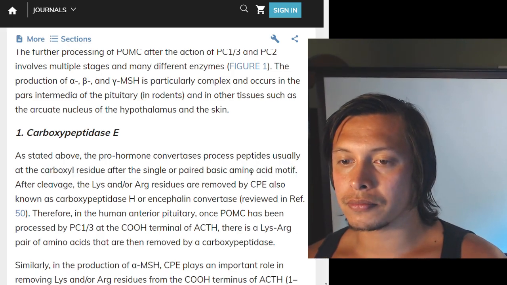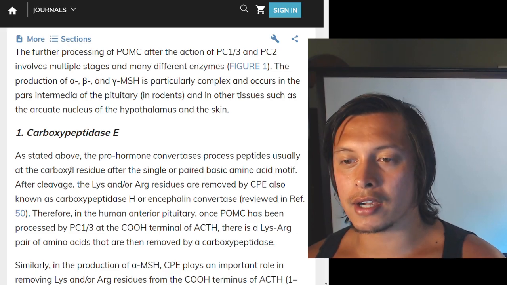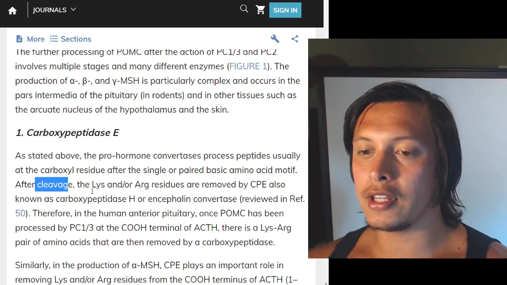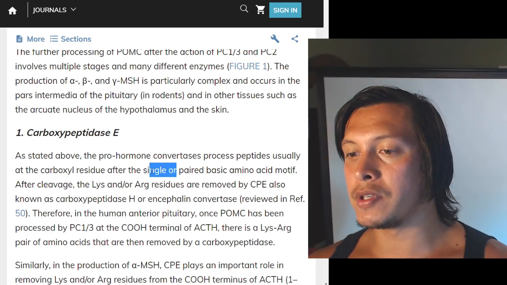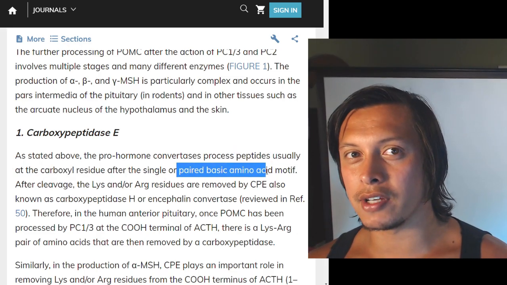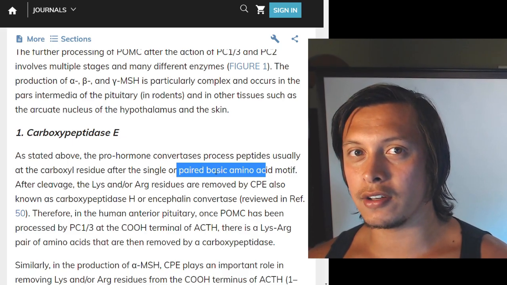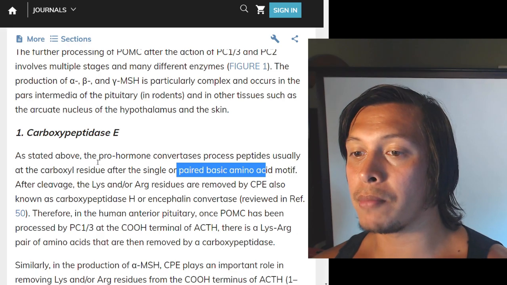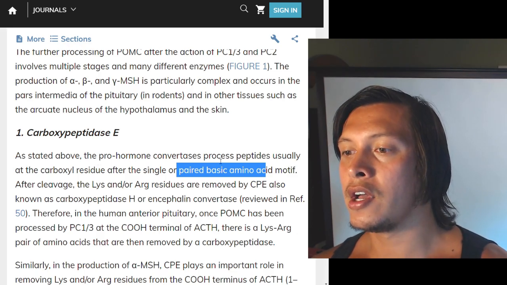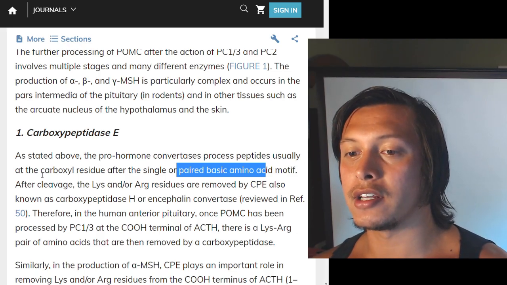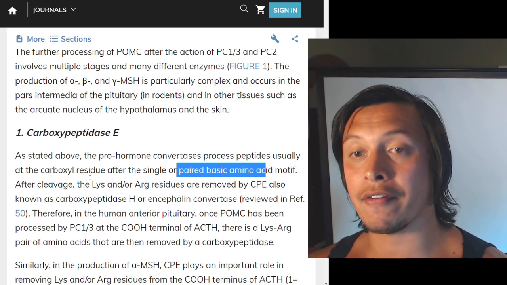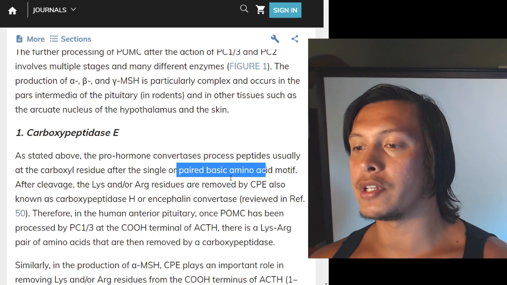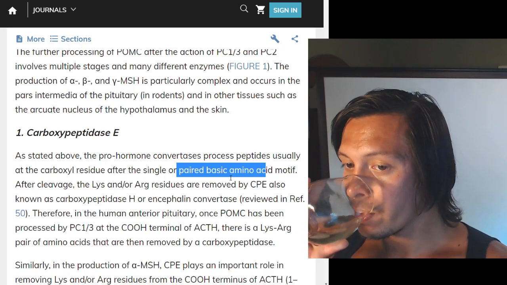Here they're saying the single or paired basic amino acid motif. This is the signaling amino acids for the cleavage to happen. And so, as stated above, the prohormone convertases process peptides usually at the carboxyl residue after these basic amino acids.